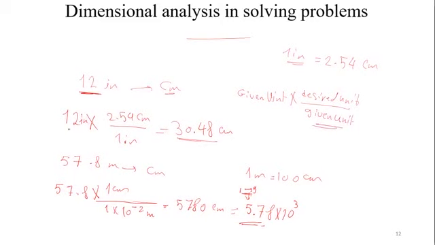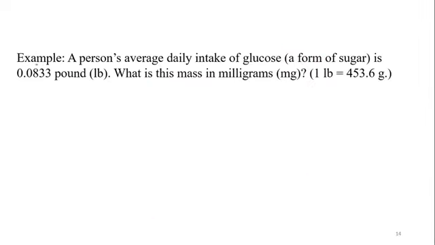Like here, I was given 12 inches and wanted to convert it to centimeters, so I multiplied by the desired unit, which is the centimeter, divided by the given unit, which was the inch. Let's look at one example.